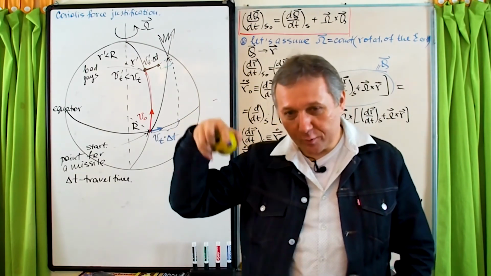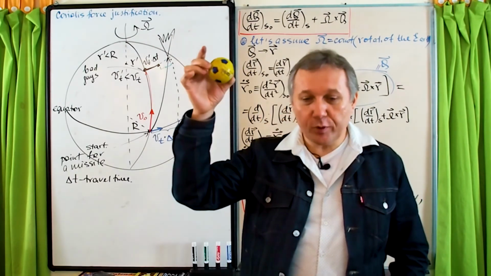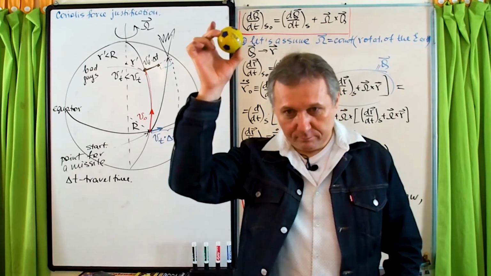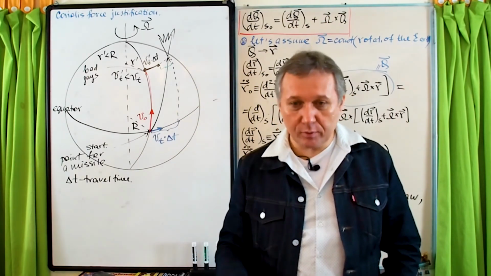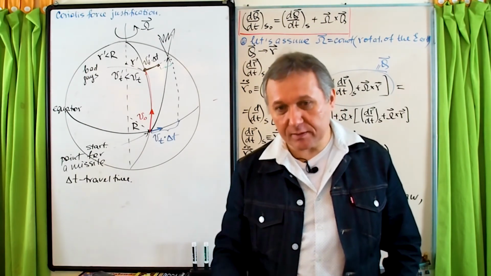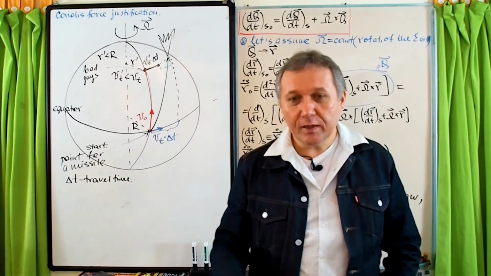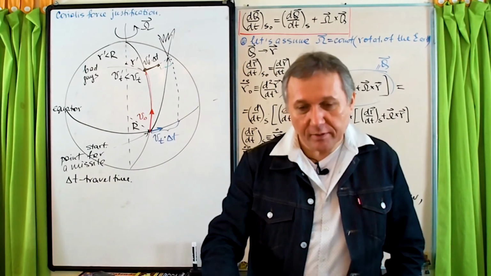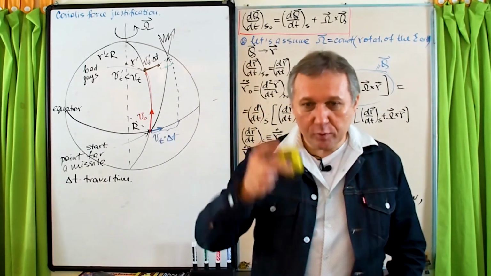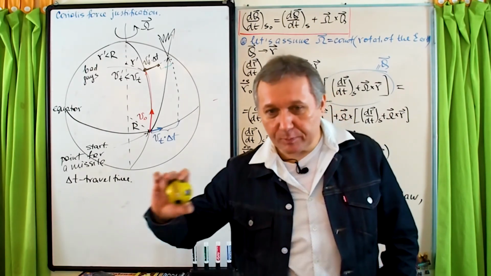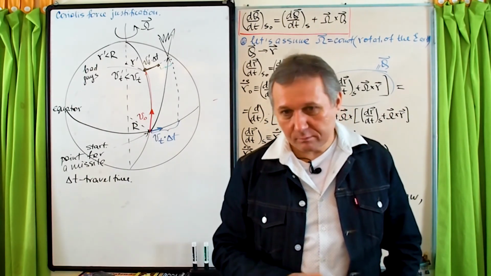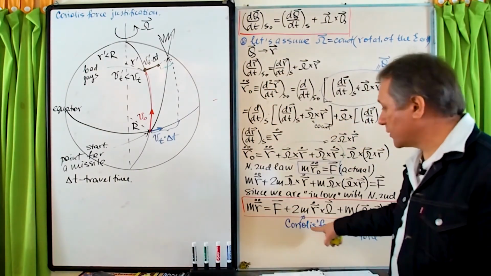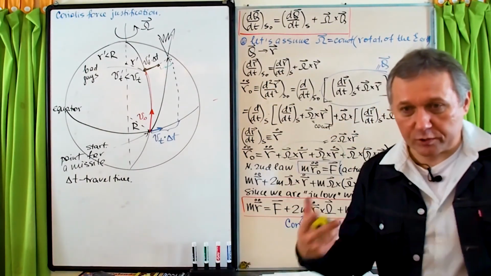You look down at the point which is right below the ball, and when you release the ball, when it hits the ground, it will be slightly ahead of that target point. So the ball will be slightly displaced to the east. Why? Again, we can calculate this Coriolis force, but what's the nature of it?